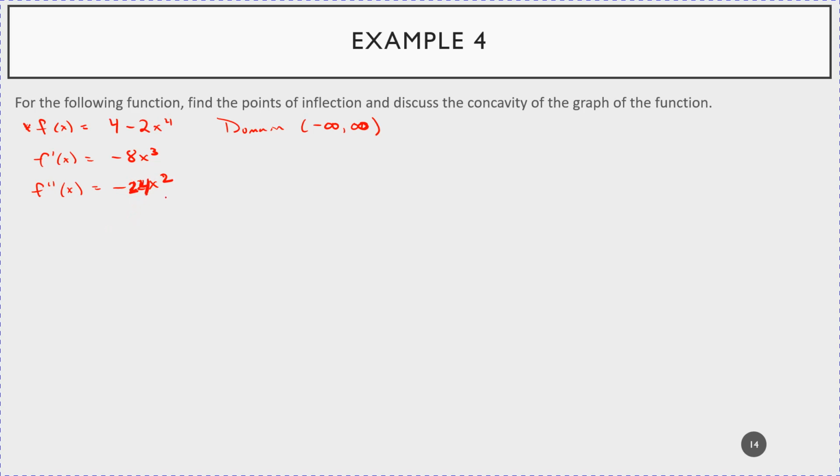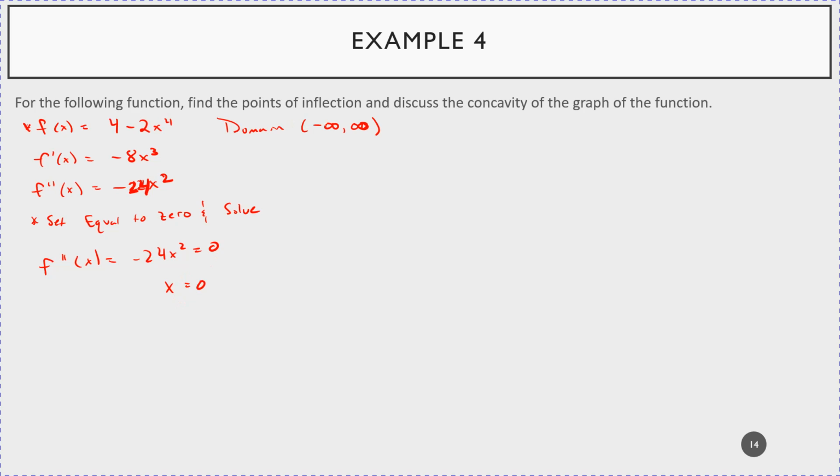Okay, so what you're going to do is, again, set this equal to 0 and solve. So you have f double prime of x is equal to minus 24x squared. You're going to notice that only happens when x is equal to 0. So you only have one possible point of inflection here.